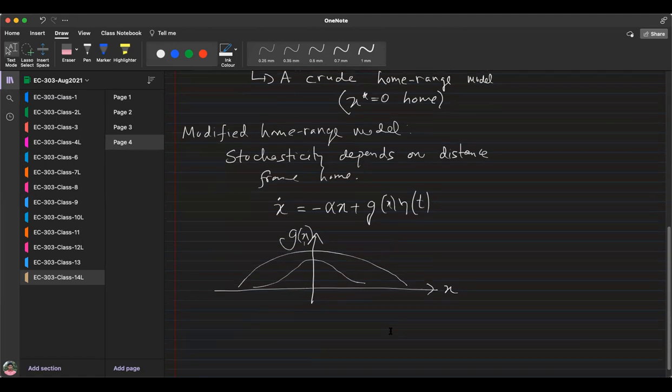So your assignment question is as follows now. Write some functional form you like, some g of x consistent with the above pattern.